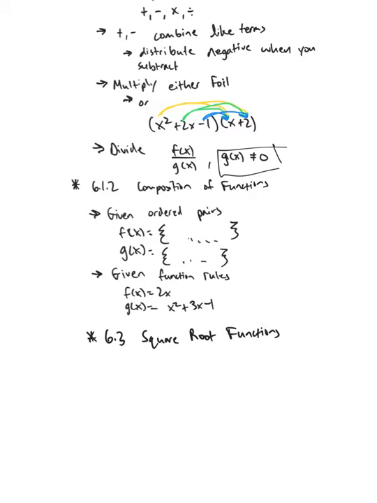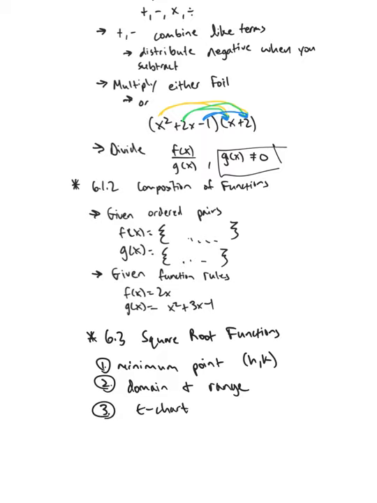Okay, and guys, remember that three-step process there, finding the minimum point, which was just HK, if you remember those transformations. Second step, state domain and range. Okay. And then your third step was to make your T chart.